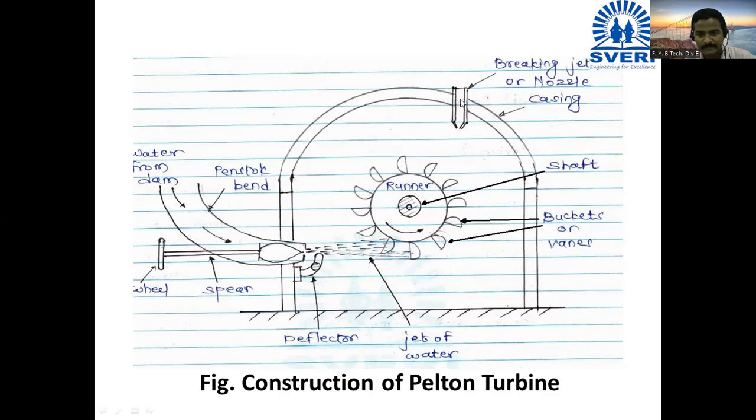Then at the same time, you can start passing water through the braking jet with high speed, so that water falls over the backside of the bucket, and the turbine slowly comes to rest. So this way the Pelton turbine works, and a deflector is provided to deflect the jet of water.